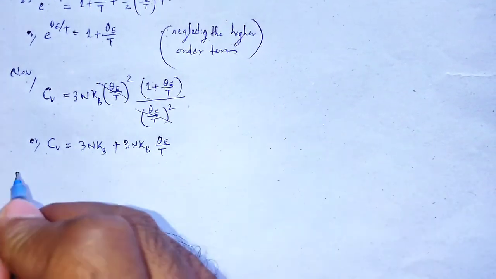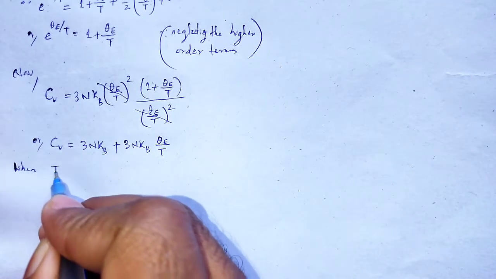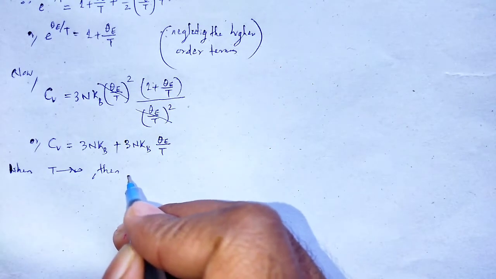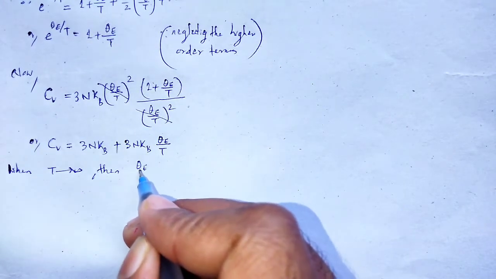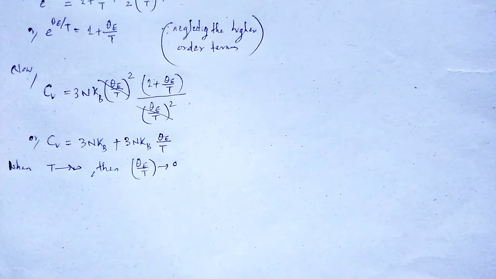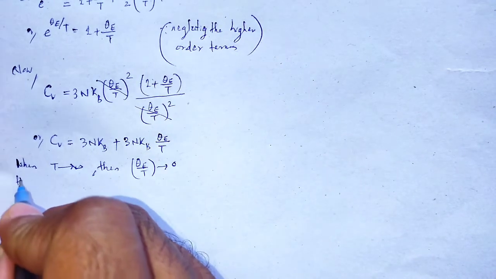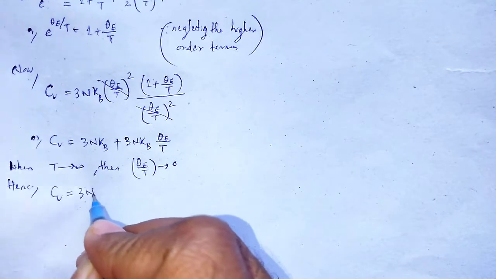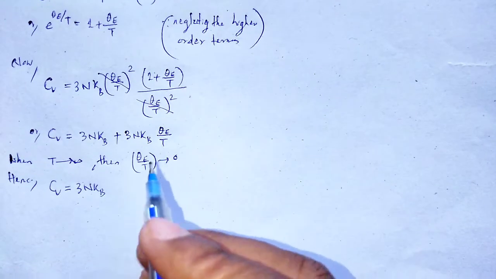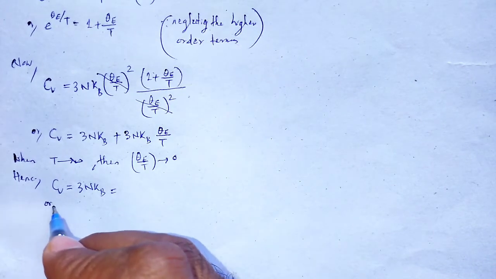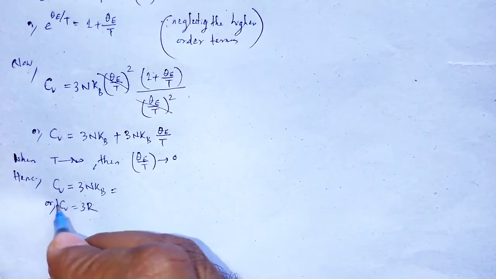When T tends to infinity, then theta E by T tends to 0. Therefore that particular equation can be written as, hence, Cv is equal to 3n kB, which is equal to 3R, or Cv is equal to 3R.